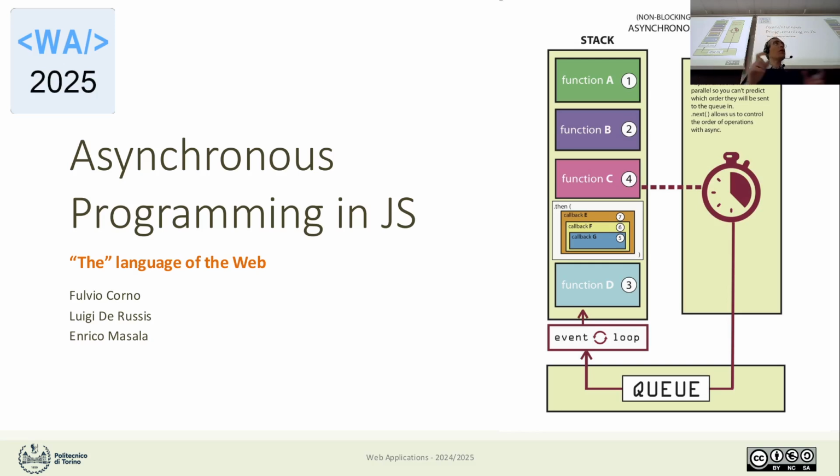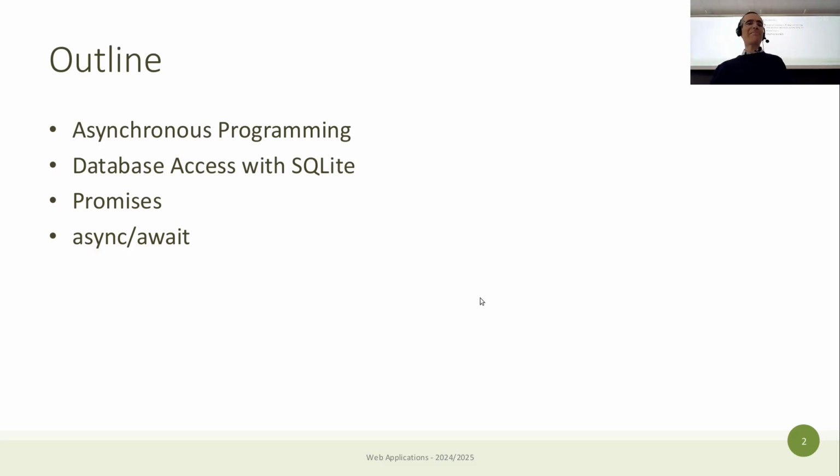Because all interactions between client and server will be asynchronous, okay? And so we need to really understand very well how asynchronous programming in JavaScript works. Okay. So this is quite a big set of slides, okay?